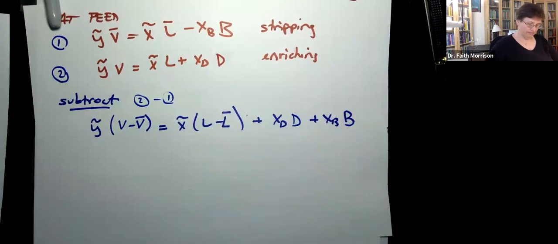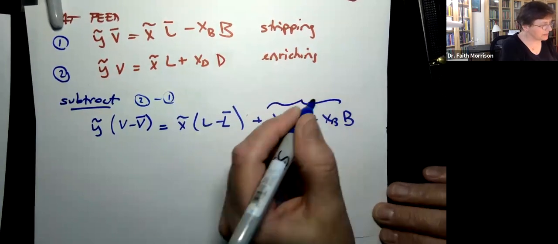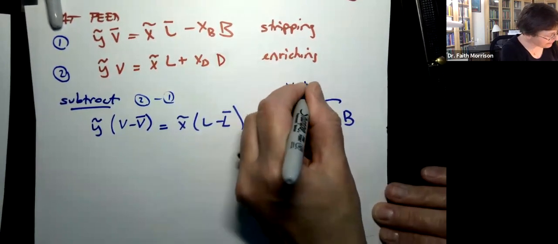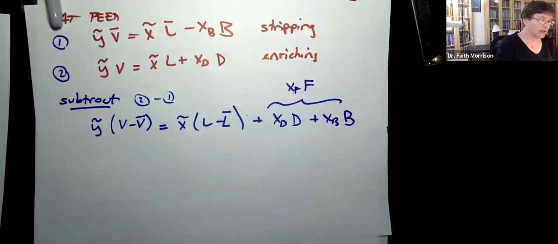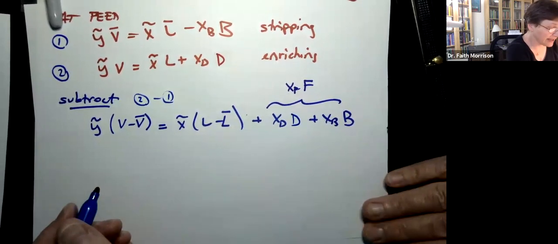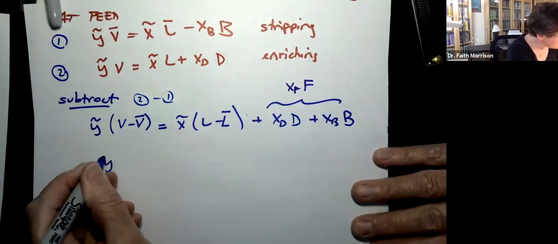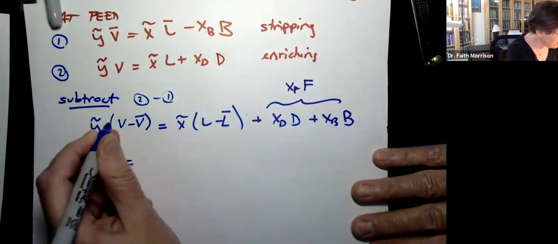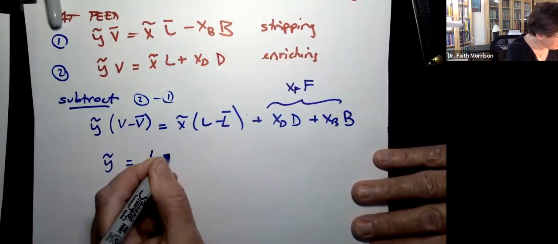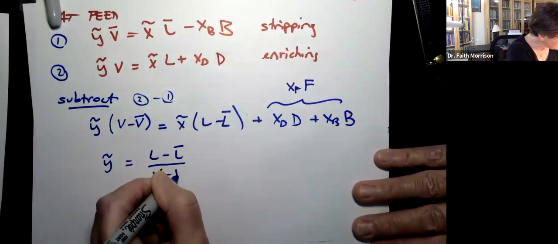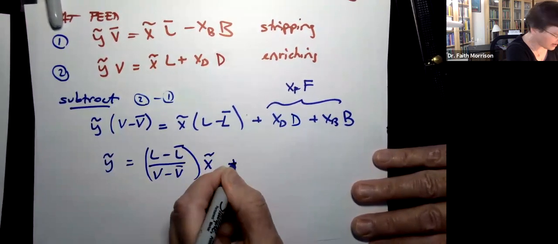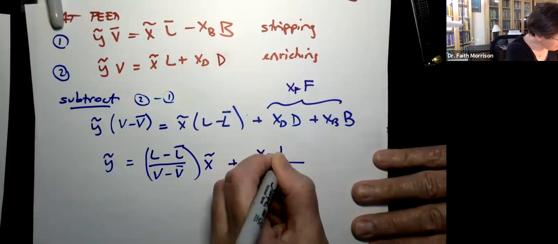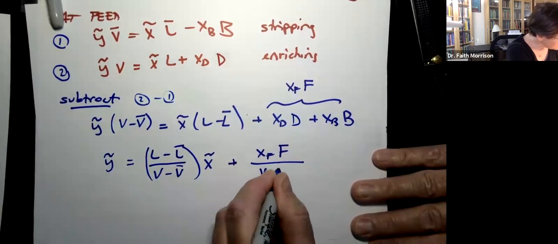From the overall mass balance, we know that these two streams must equal XF F. So these are the two streams that come out of the distillation column. And so we get the final expression for passing streams at the feed tray, which is y tilde equals, I'll divide through by this one, (L minus L bar) over (V minus V bar) times X tilde plus XF F divided by (V minus V bar).